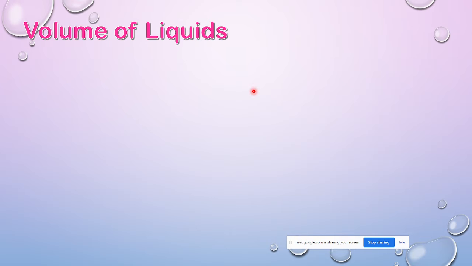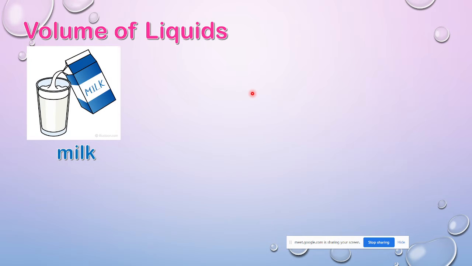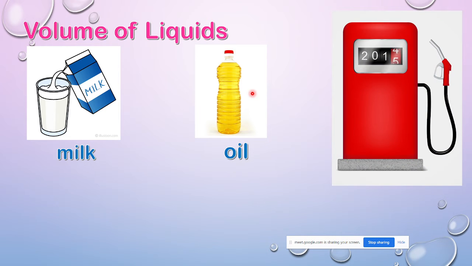Now, for example, when we measure volume of liquids such as milk and oil, of course, we have to put them in a container, right? For example, we usually put milk in a box or a carton or a glass or a bottle. And we usually put oil in a bottle. As soon as you put them in a bottle, it will be easy for you to know the volume of the liquid.